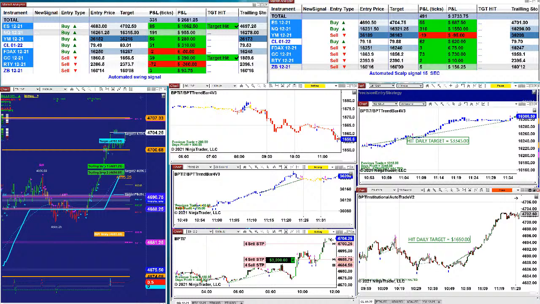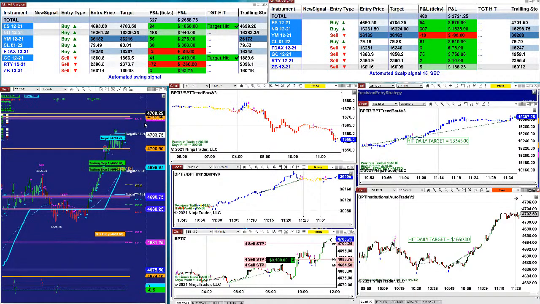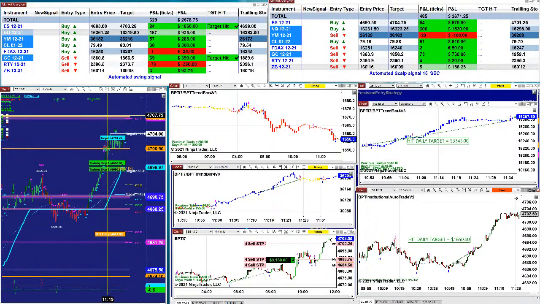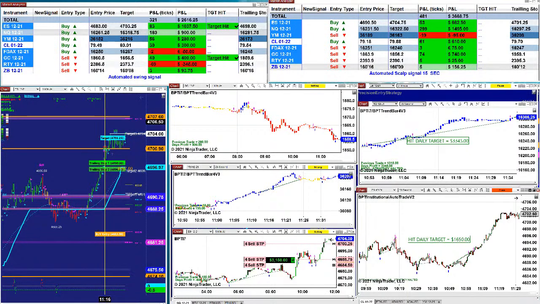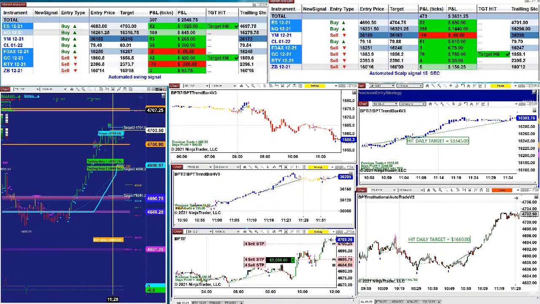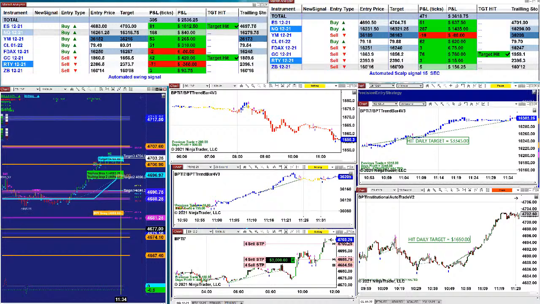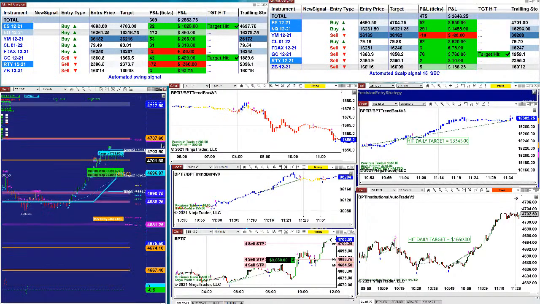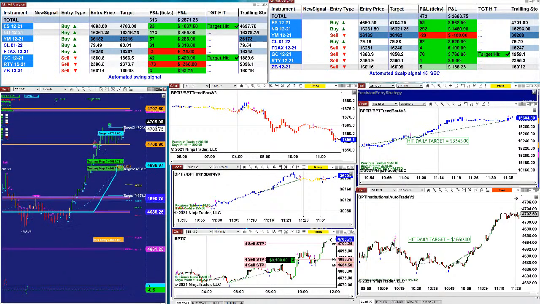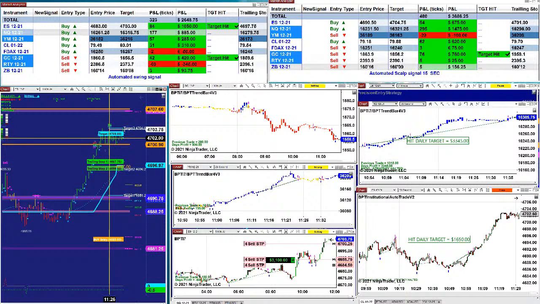Technically, we are done with the ES, and the ES keeps going. Maybe it's trying to cross. When you see those two yellow lines, that means there are no more long trades, and this market is about to reverse. We've been using those two yellow lines, and you have them here as well. Once this market crosses between those two yellow lines, there are no more new trades to the long side you should take.